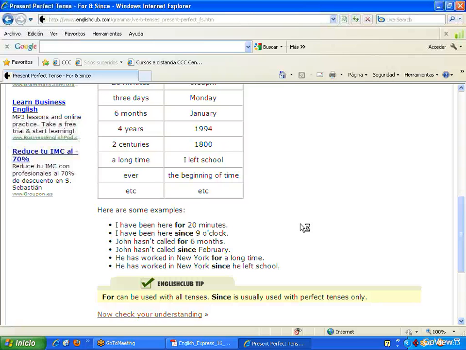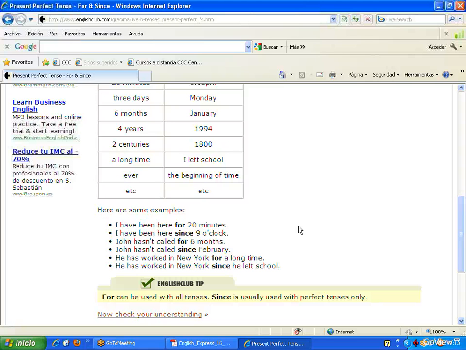Perhaps it's now 12 o'clock. And I have been here for 3 hours. Because it is 12 o'clock en este momento, at this time. I have been here since 9 o'clock. Entonces, so I have been here for 20 minutes. For and since.